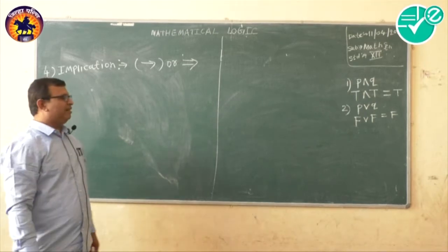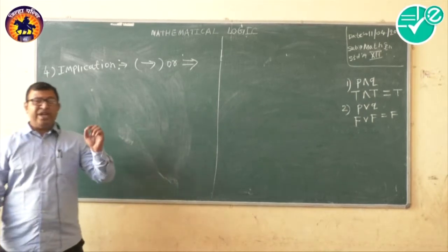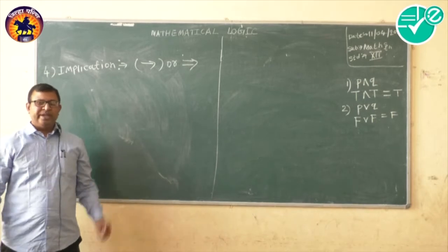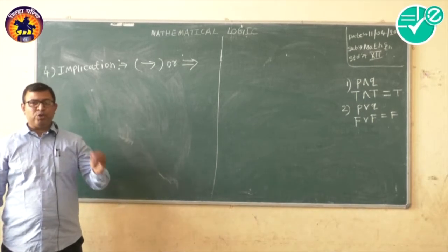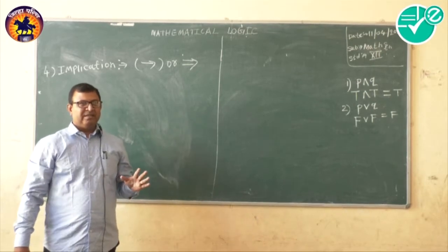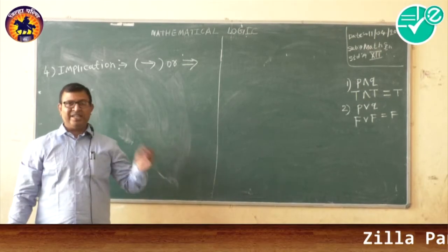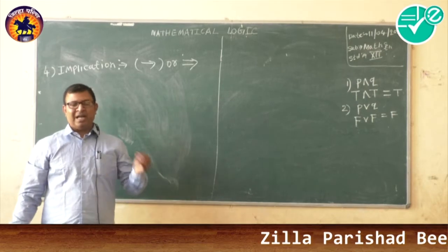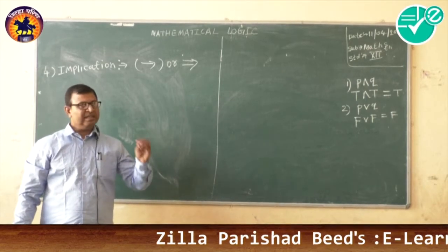In implication, P should be true and Q should be false. Then it is false. In other cases, it is true.